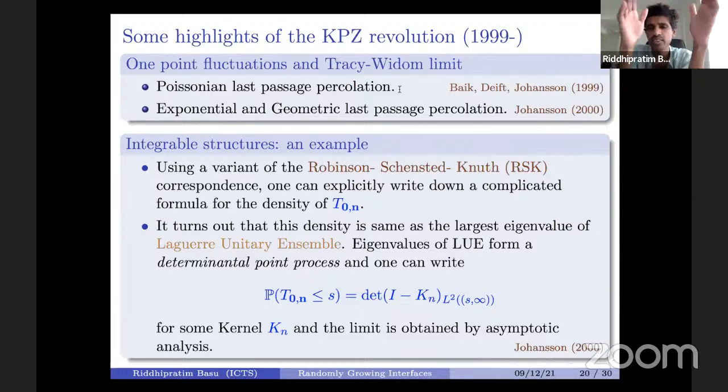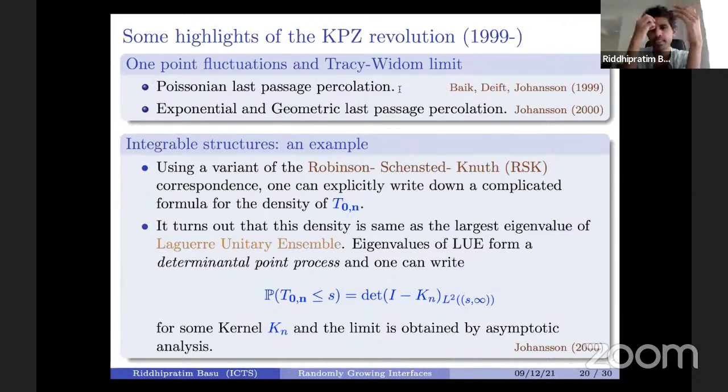So there are connections to representation theory and algebraic combinatorics, which you use to write down explicitly the distribution of the length of the first row of the Young tableau corresponding to a uniform random permutation. It's a complicated formula, but you can write it down nonetheless. So that's what this paper of Baik, Deift and Johansson did. They wrote down the formula and analyzed it. They got this n to the 1/3 fluctuation and the Tracy-Widom limit.